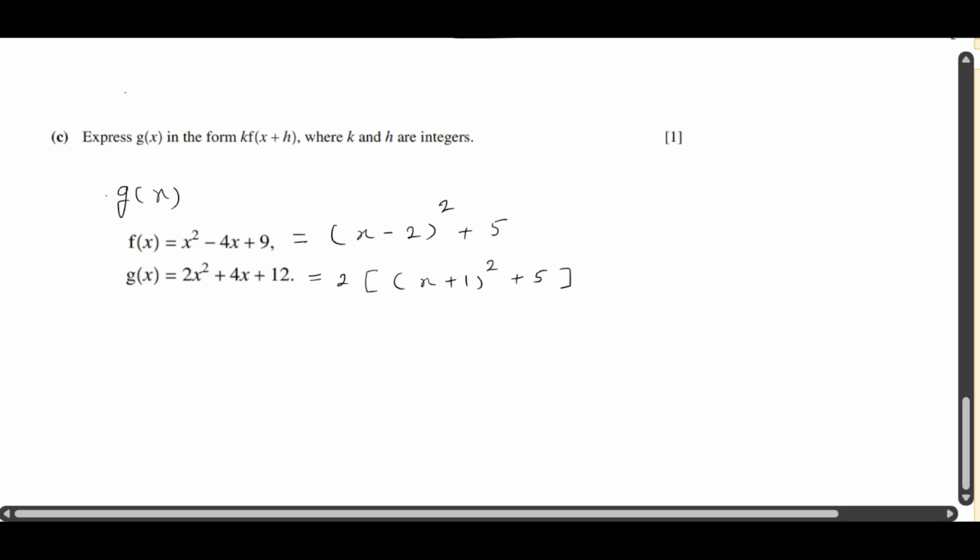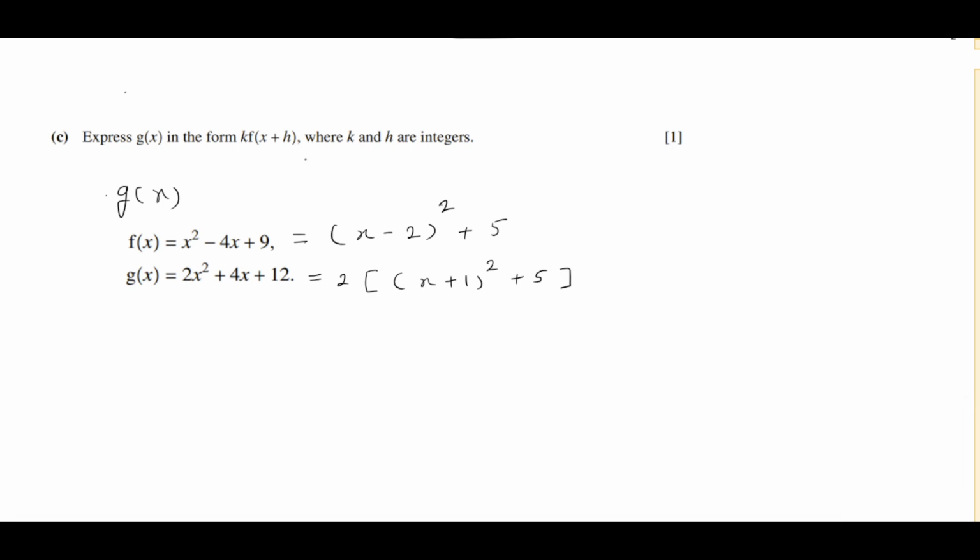So in this problem, f(x) is given and g(x) is given. I have to express g(x) in the form of k times f(x) plus h. Okay. So that means this is my f(x). Now this part I have to express in this particular part.